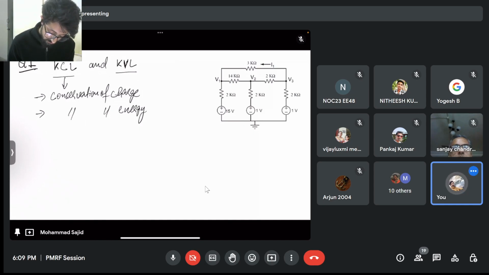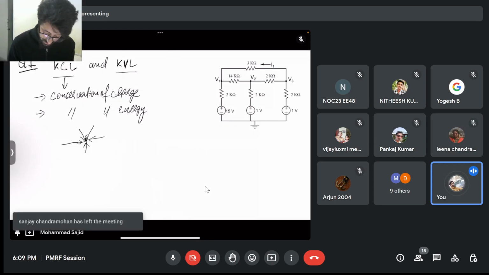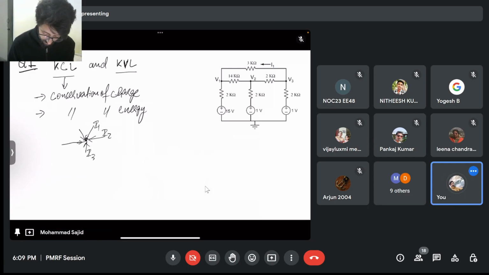If you have a node and multiple currents come from different directions, KCL states that if it is I1, I2, I3, I4, I5, if you sum all these currents, I1 plus I2 plus I3 plus I4 plus I5 and so on, however many there can be, it sums up to 0.